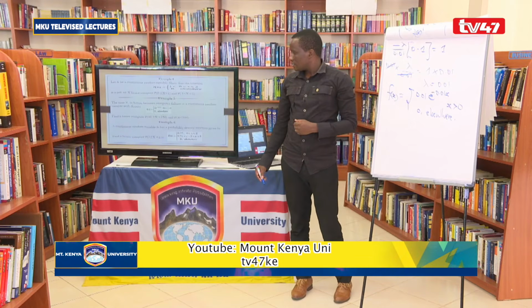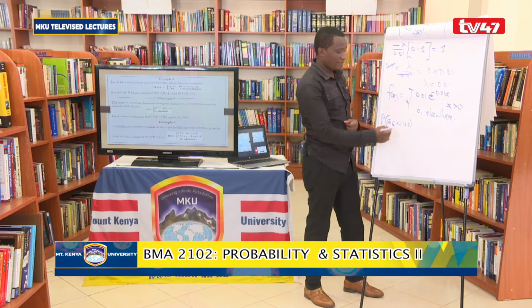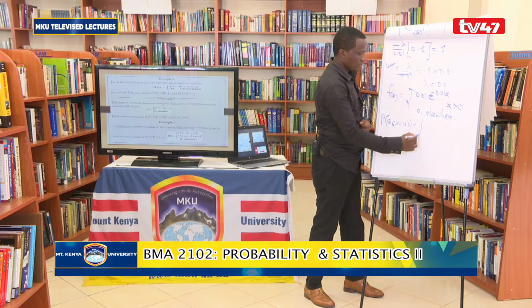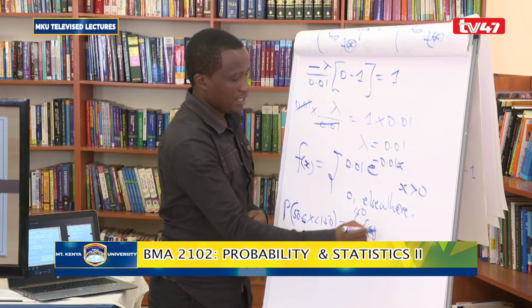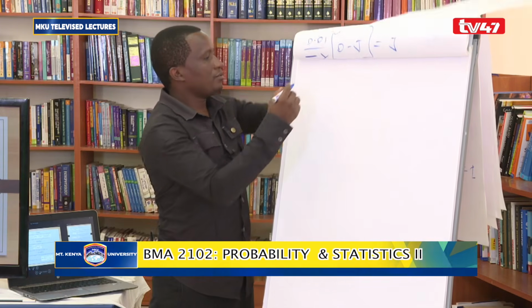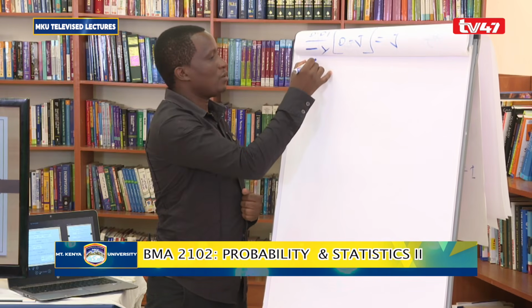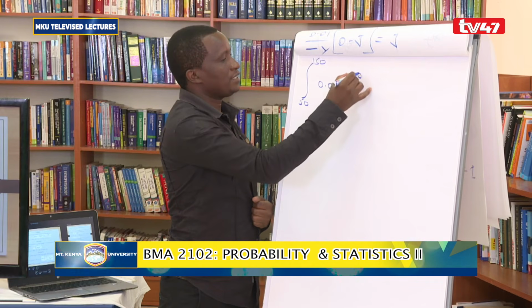That is, we can get the probability that x is in the interval 50 to 150. From what we have already defined, this is the integral from the lower limit to the upper limit of f of x dx, which is the integral from 50 to 150 of 0.01 exponential negative 0.01x dx.